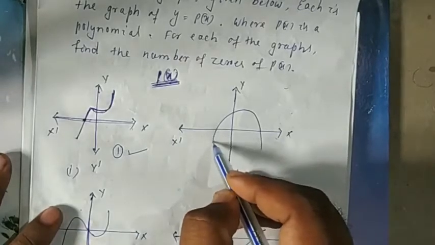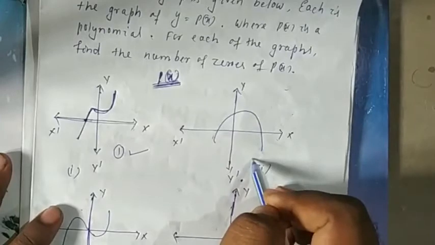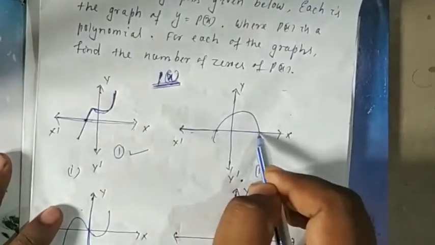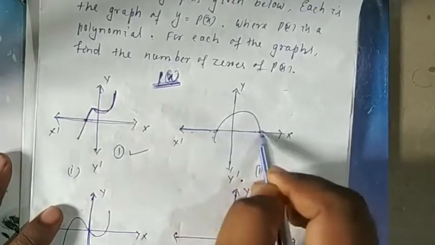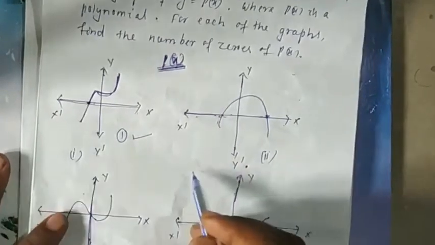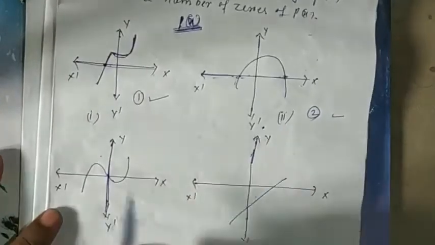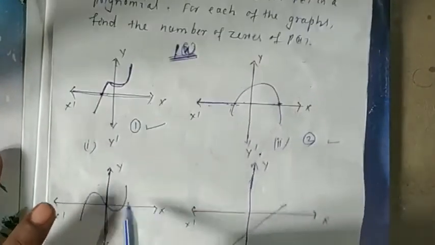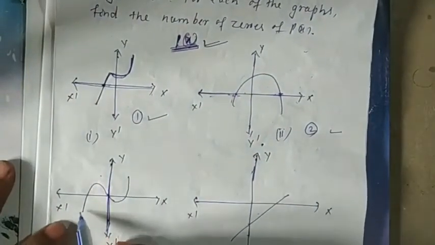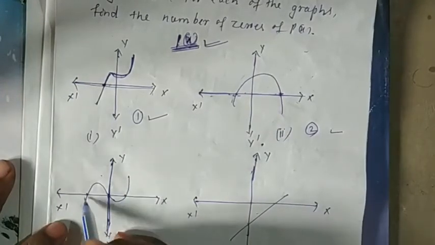Similarly, in the second figure, the graph intersects the x-axis at two different points. So the number of zeros for this graph is 2. Similarly, you only have to see the x-axis intercepts, because the polynomial is in terms of p of x. Here the graph intersects the x-axis at 3 different points, 1, 2, 3.